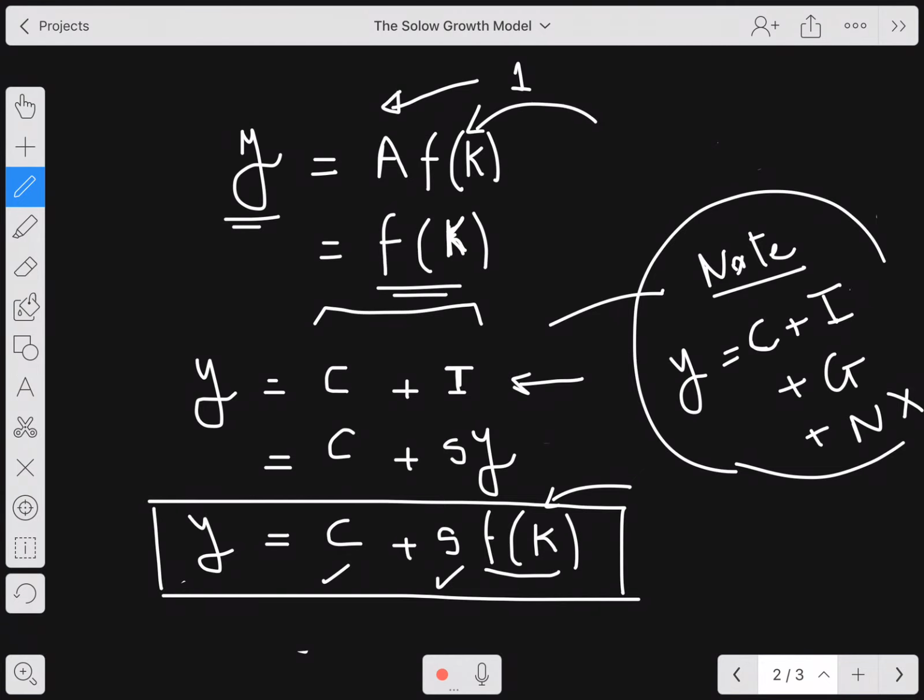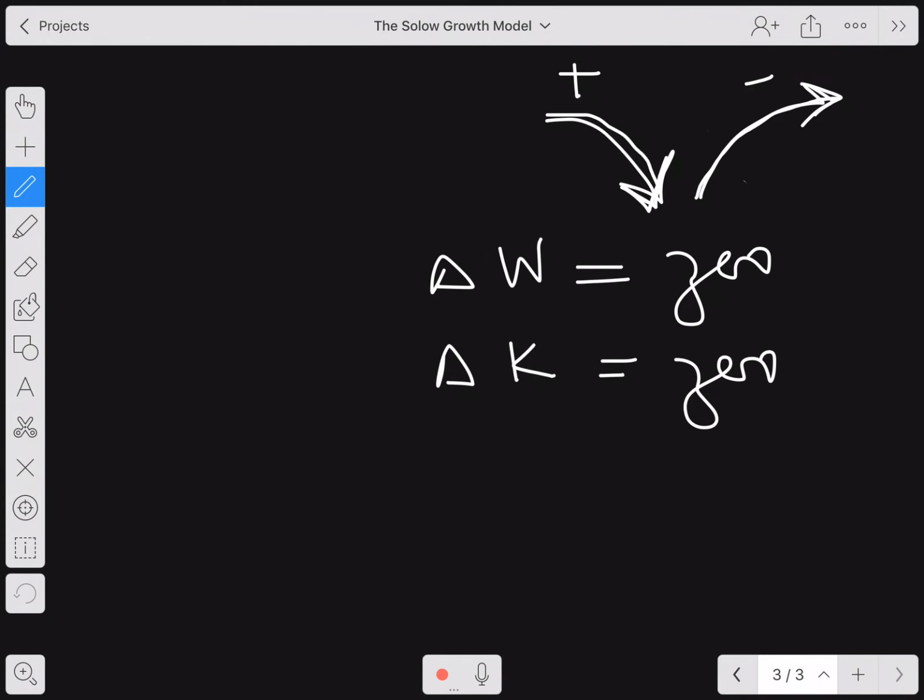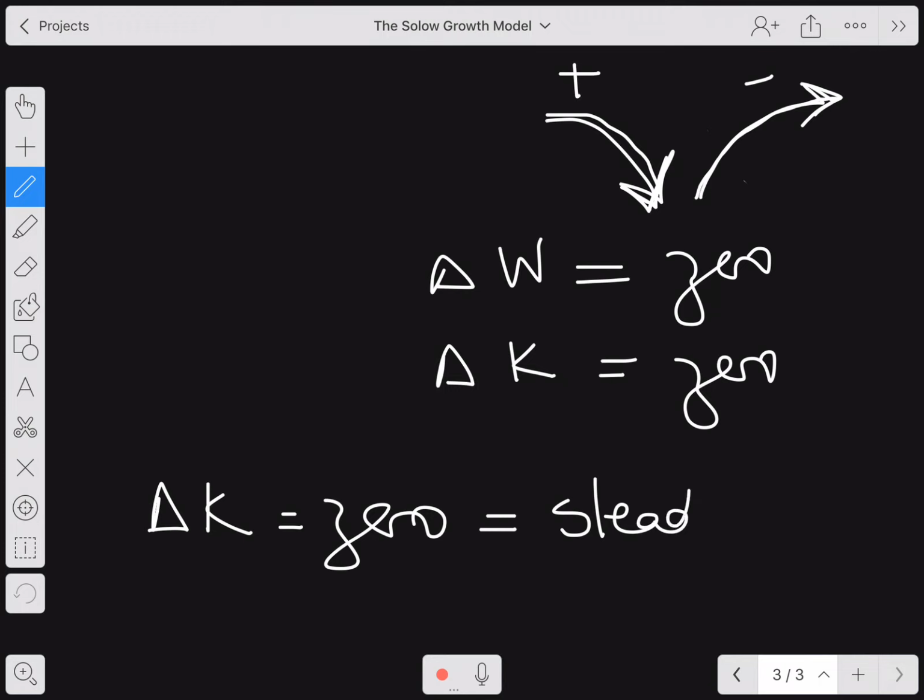So when we talk about this important variable, which is k, we want to know when this k will stop moving, right? When the change in k is equal to 0, we call this stage the steady state. You already know this from your textbook.